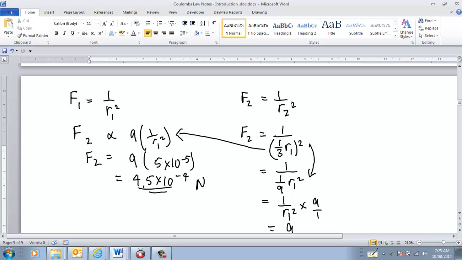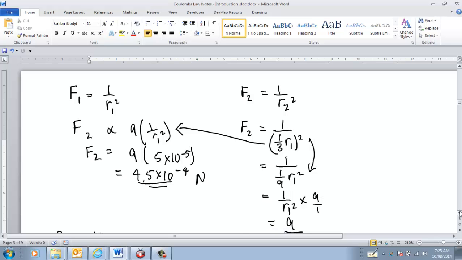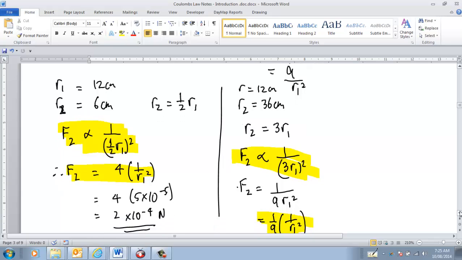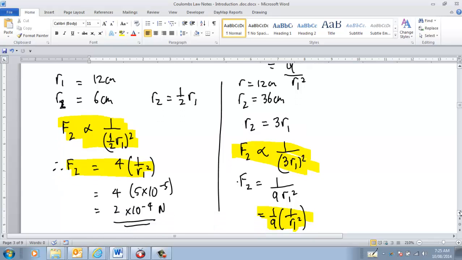So force 2 is 1 over r2 squared, which is a third of r1 squared, 1 over 1 over 9, so it's going to be 9 times force number 1. Alright? So if radius 1 is going to be 12 centimeters, radius 2 is going to be 6. So we could say radius 2 is a half of radius number 1. So force 2 is going to be 1 over a half of r1 squared, or 4 times force 1.